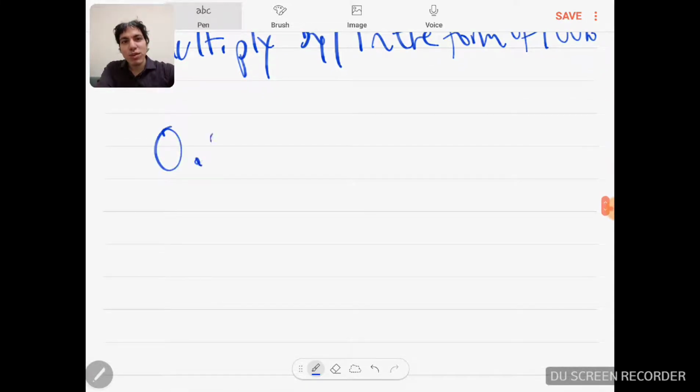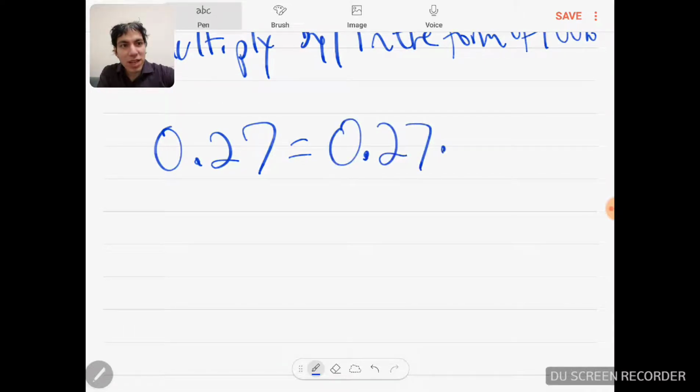You take 0.27, let's use this example, and I want to convert it into a percent. This becomes 0.27, and I'm multiplying this by 1. I convert that 1 into 100%.